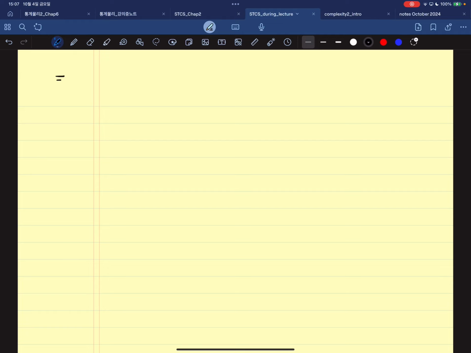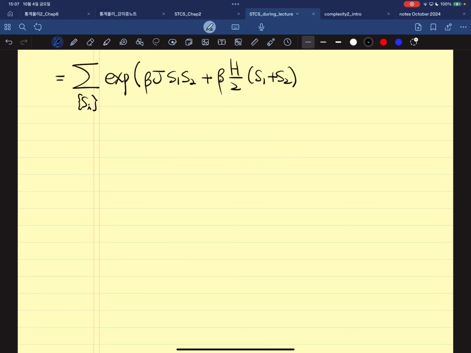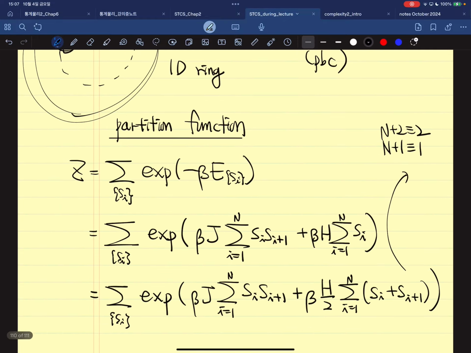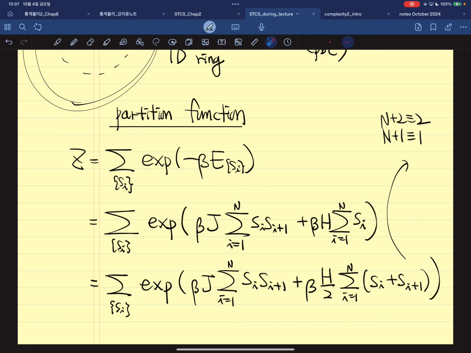So let's write this down explicitly. It's basically the exponential of beta J s1 s2 plus this one, s1 plus s2. This is the summation of all.